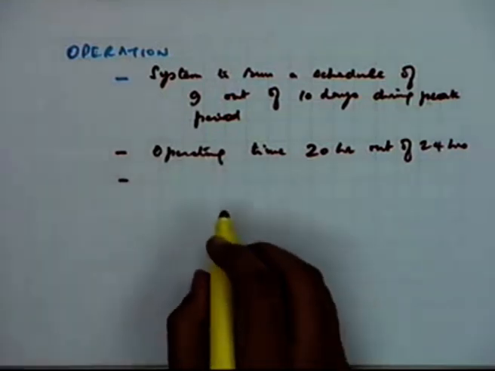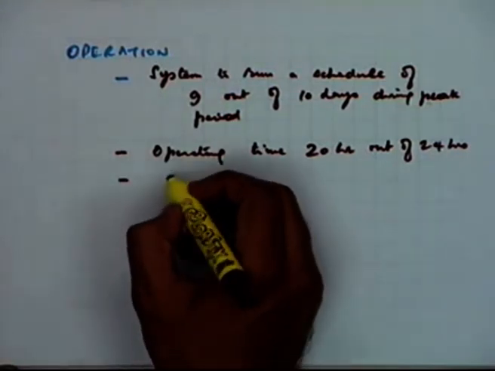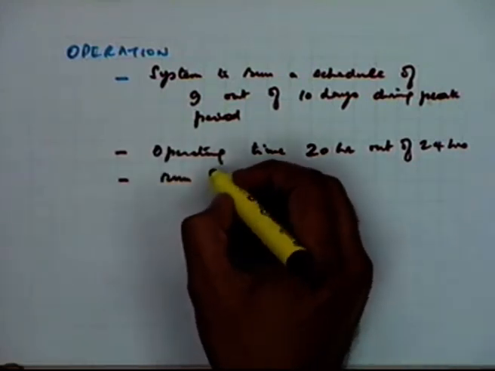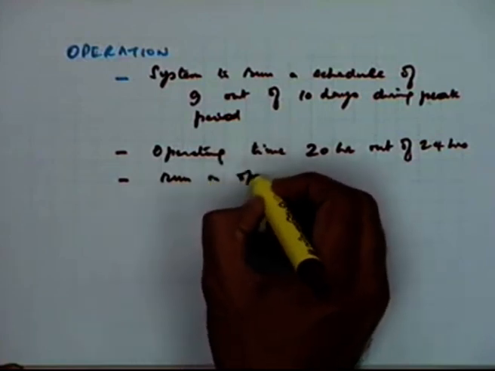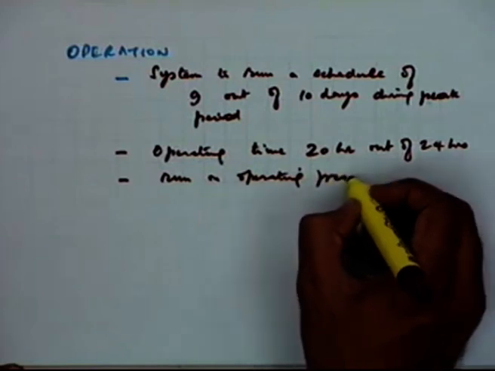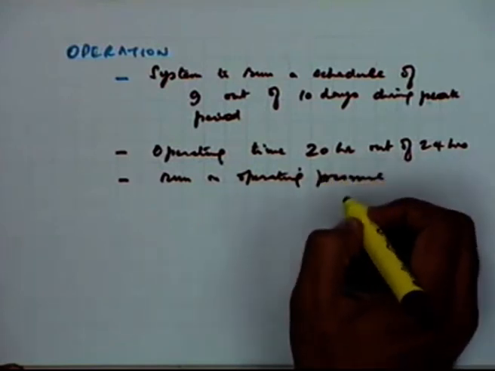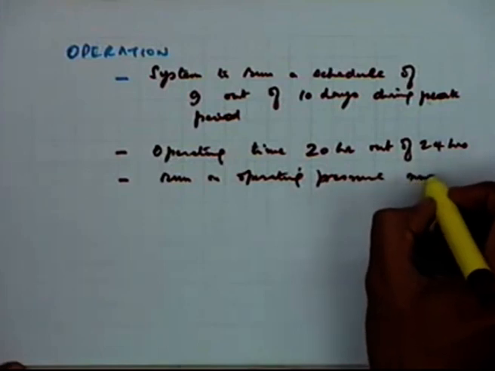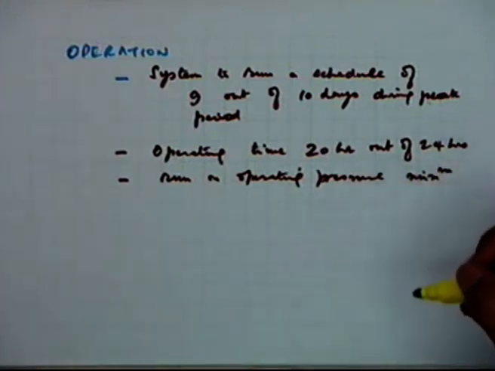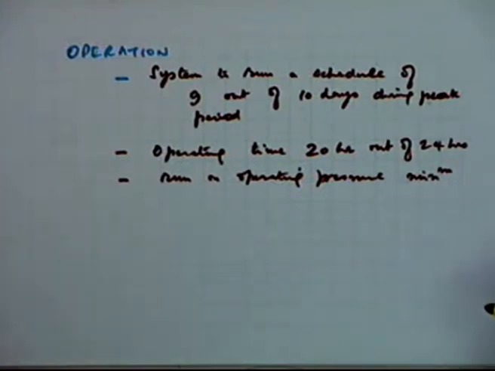It is also desirable that the system should run on minimum operating pressures. This will reduce the operation costs. So the operator wants to run the system on the minimum possible operating pressures.